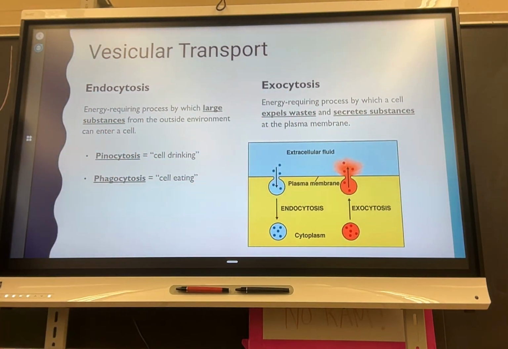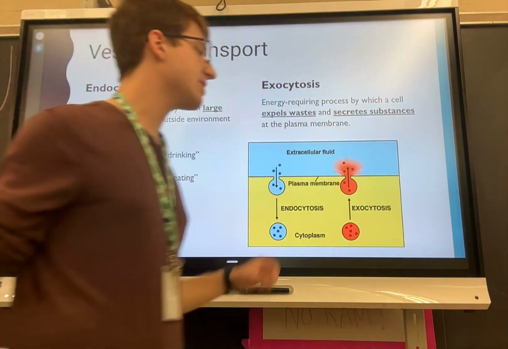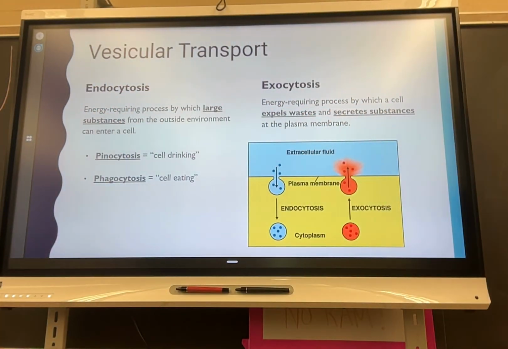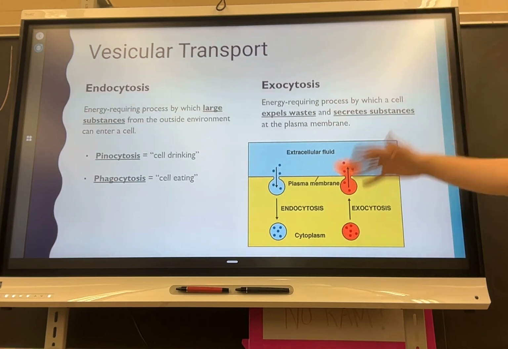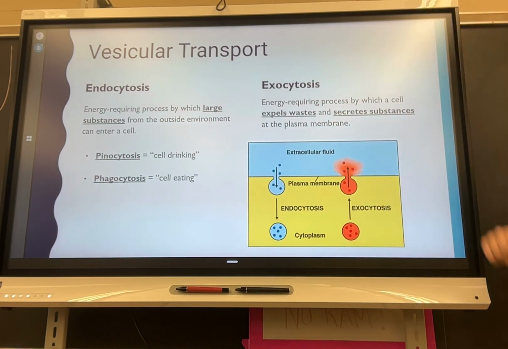So, a little bit of a critical thinking question. If the vesicles are able to bind to the cell membrane, they're able to connect with the cell membrane.